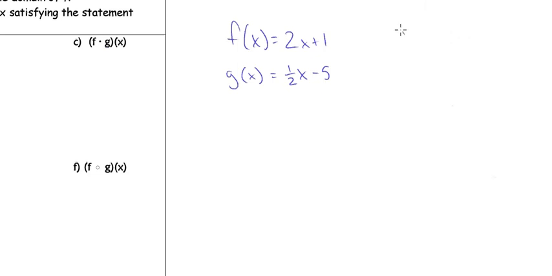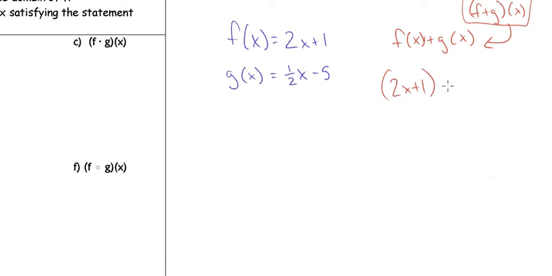So if I asked you to do f of x plus g of x, that would be written as f plus g of x, but this means the f of x plus g of x. You'd get 2x plus 1 plus 1/2 x minus 5. All right, and then you would go through that. If I said to do minus, you would have minus here instead.